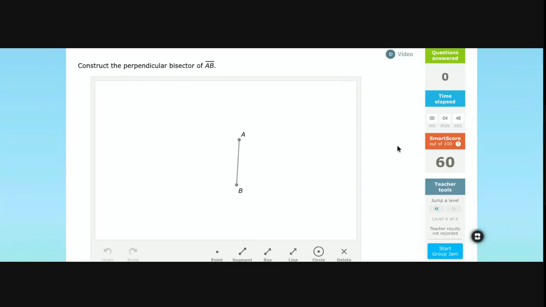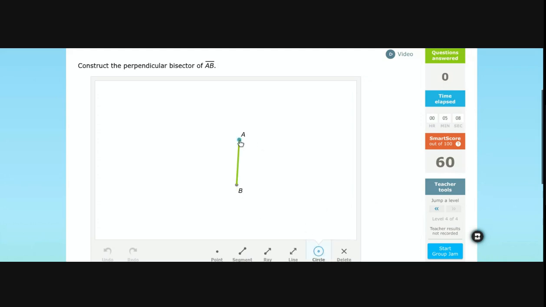The first construction that we'll cover is perpendicular bisectors, which are lines that go through the midpoint of a segment, cutting that segment in half, creating a right angle. So what we do is we first start with 2 points, connecting those with a line segment.